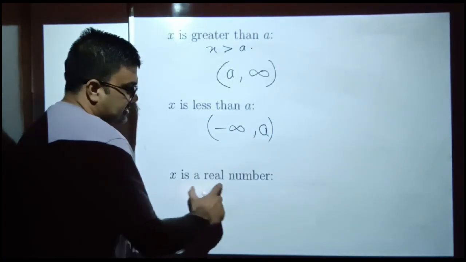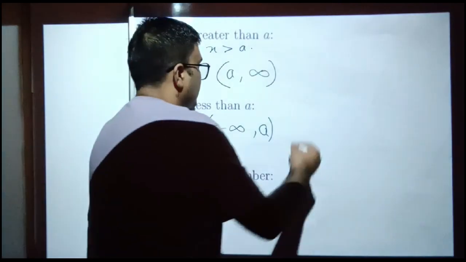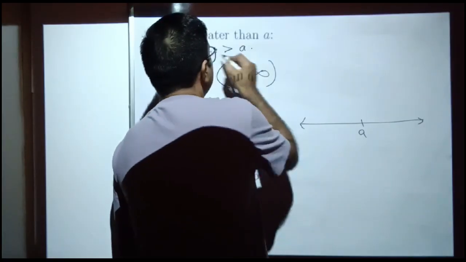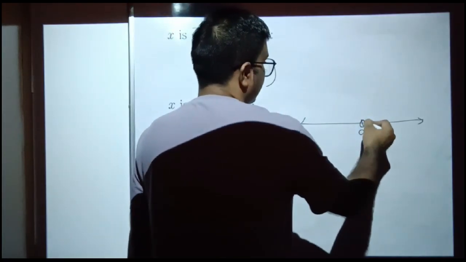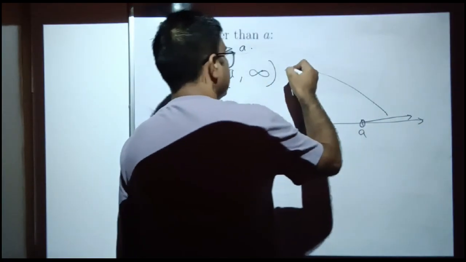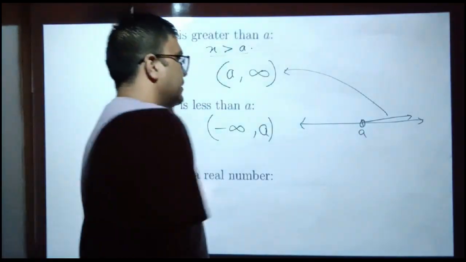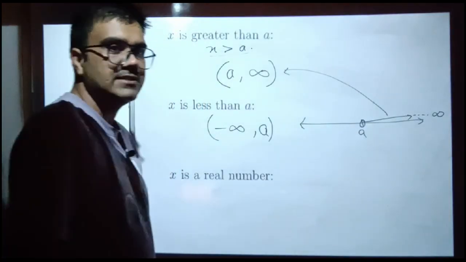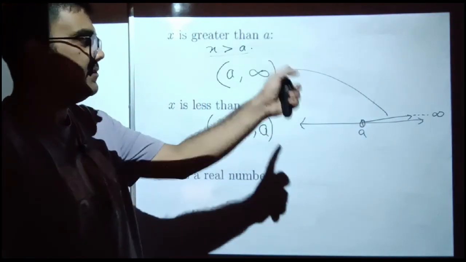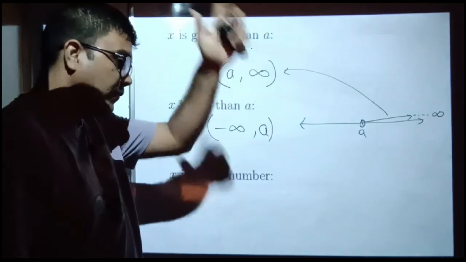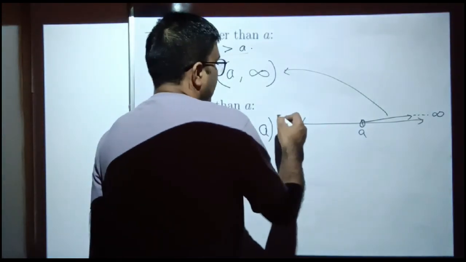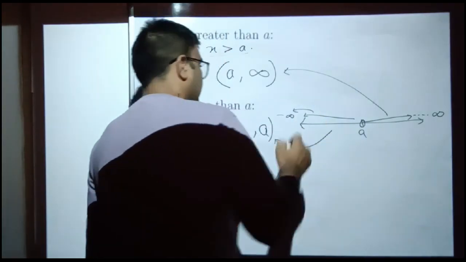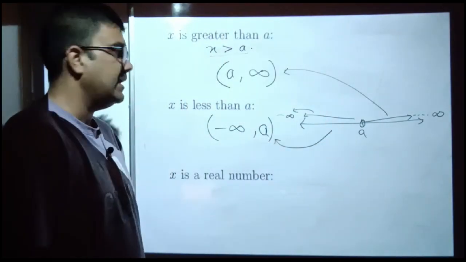Last we have is x is a real number. This is the point a we have. When we say x is greater than a, a is not included, and we are talking about all numbers greater than a. We have infinity beyond the real numbers. This is just a symbol representing that we can move limitlessly on this side. We can also move limitlessly on this side, all the numbers less than a.